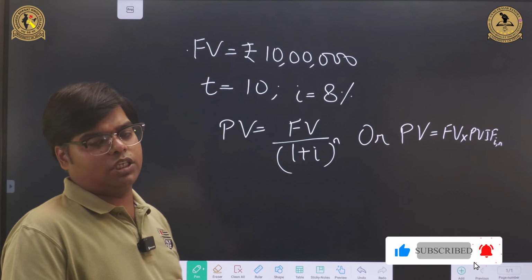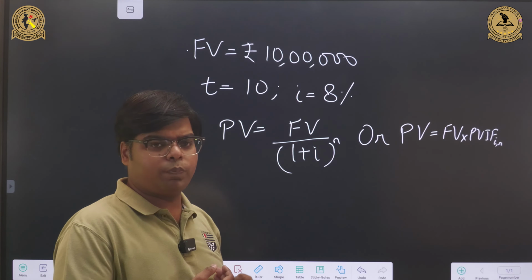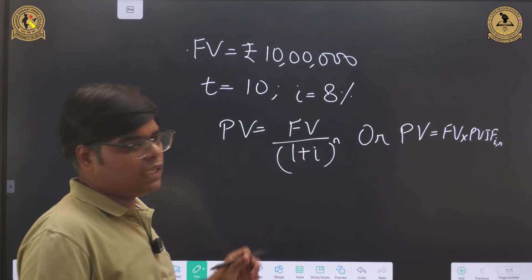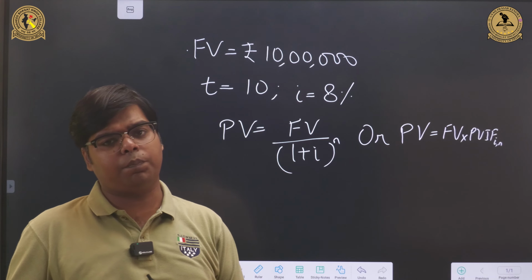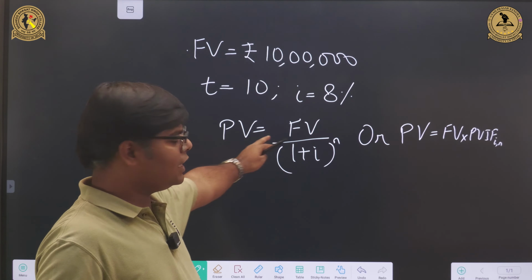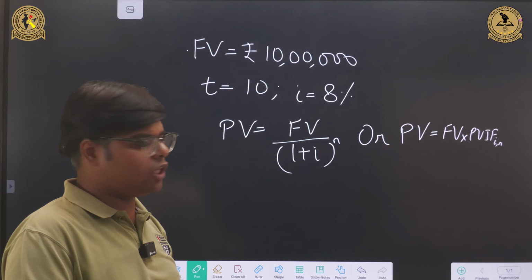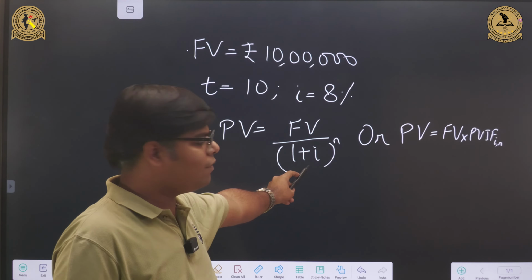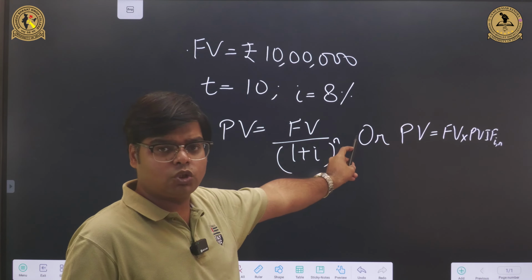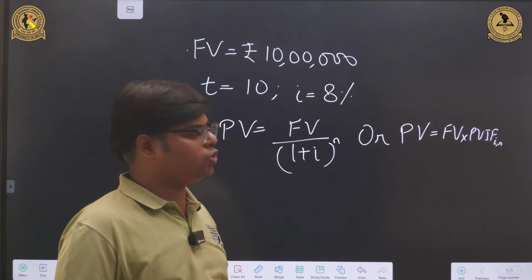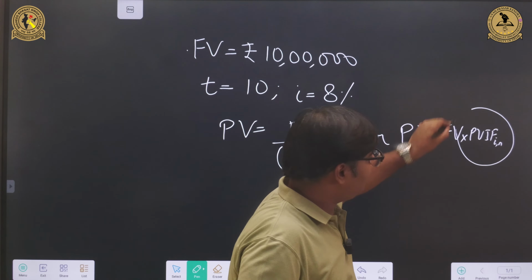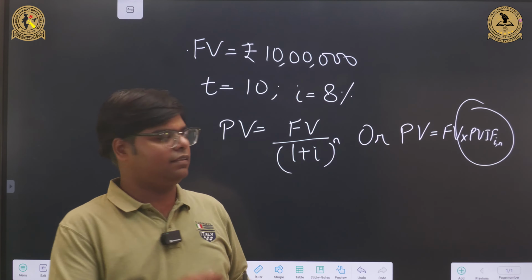So in this illustration, the future value is rupees 10 lakh, the time period is 10 years and the interest rate is 8% per annum. The present value of future cash flows is equal to future value divided by (1 plus i) raised to power n, or present value is equal to future value multiplied by PVIF i,n.